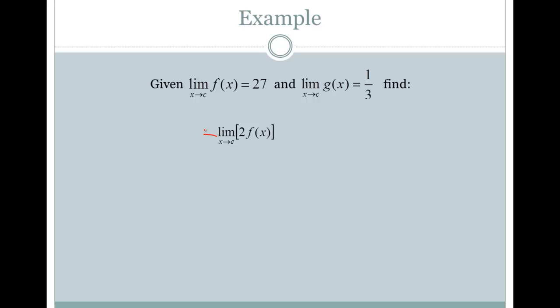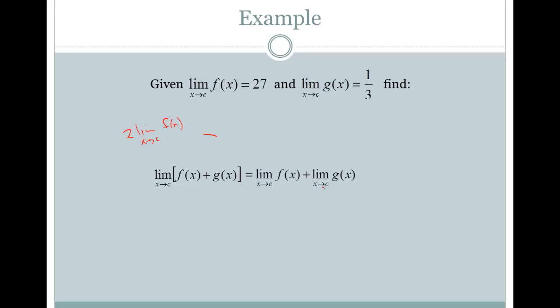I can write this as 2 times the limit as x approaches c of f of x, which should be 2 times 27, which is 54. Okay. The sum here, I can look at this, writing this out as the sum of two different limits. I know that this one's 27. I know that this one's 1/3. So I can add those and get 82/3.